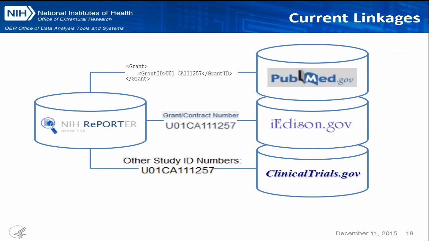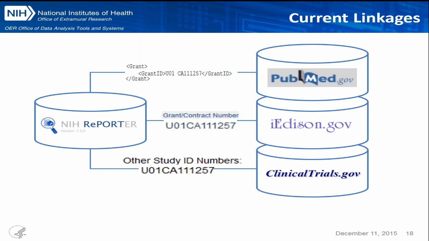So this is an example of how we're currently linking our funding to the products of our research. Just to give you an example of PubMed, the top example there, PubMed has an XML feed that includes grant numbers associated with a publication, either because the publication acknowledgement section contains a grant number and PubMed indexers extract that information and put it in the feed, or because our grantees have reported a publication in their progress reports.